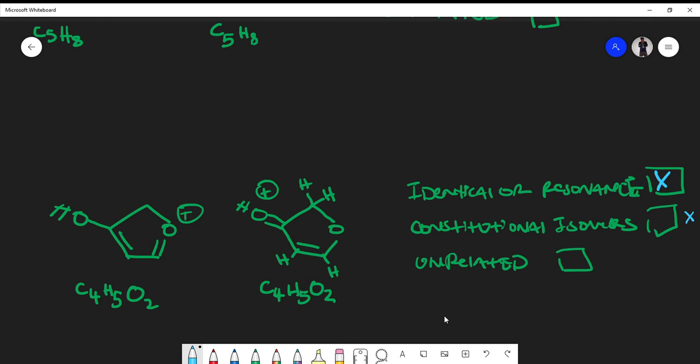So essentially, let me draw this up here. Let's prove why these are actually resonance structures. Now remember, I have two lone pairs on the oxygen, and I forgot my double bond.